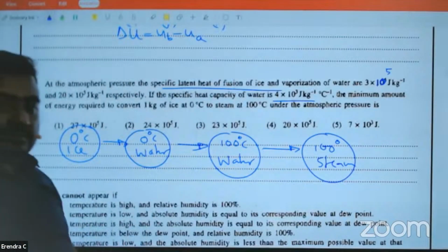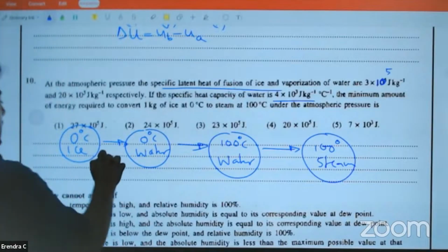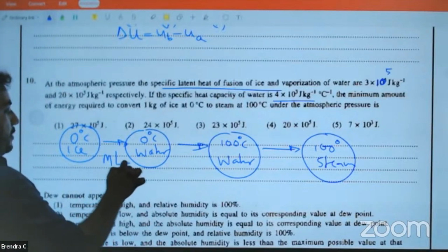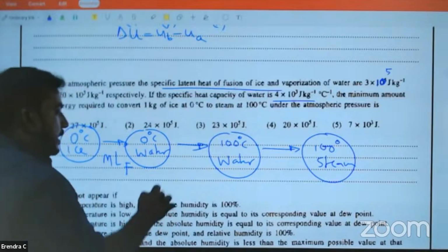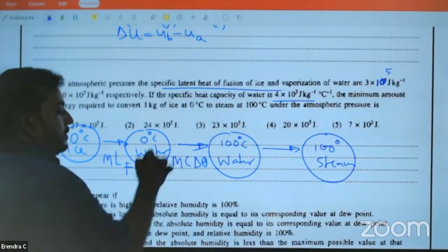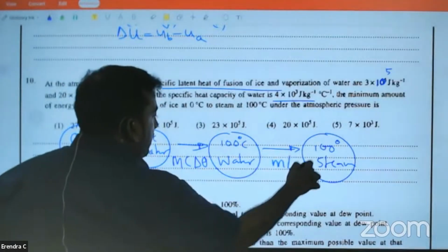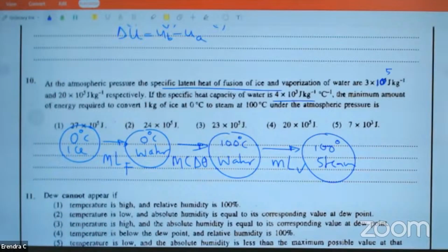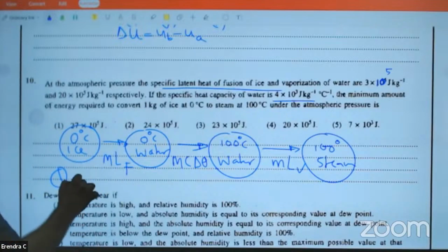That's your conversion. Here it's going to be mL_F, fusion. Here mS or mC delta theta. Here mL_V. So the amount of heat transferred Q is equal to mL_F.